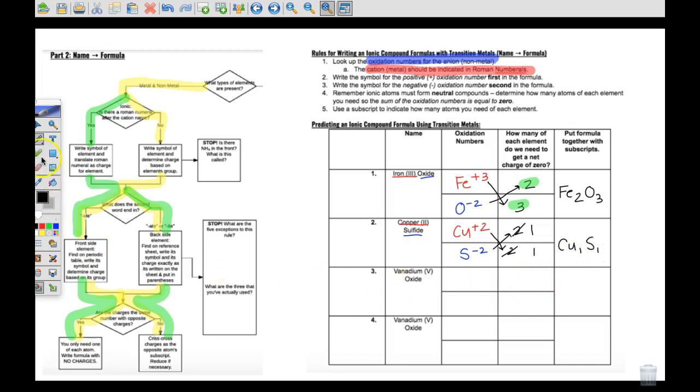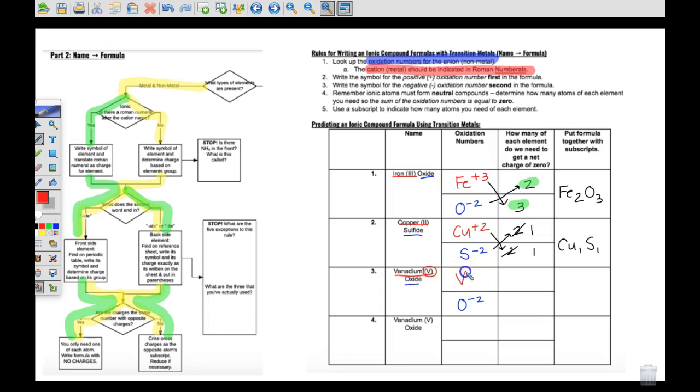In our third example, I see that I have oxide again. So I know that the symbol for oxide or oxygen is O. My oxidation number, after looking it up on the front side of my periodic table, is -2. But then I have an unfamiliar element as my cation. I have vanadium. And this is a Roman numeral, but it also, in this particular case, represents the element symbol for vanadium.